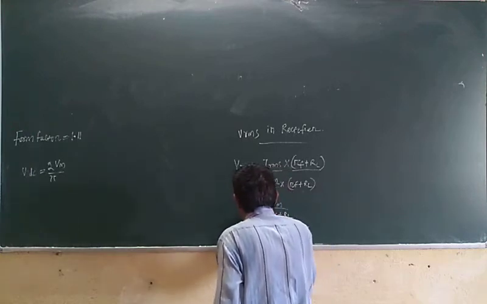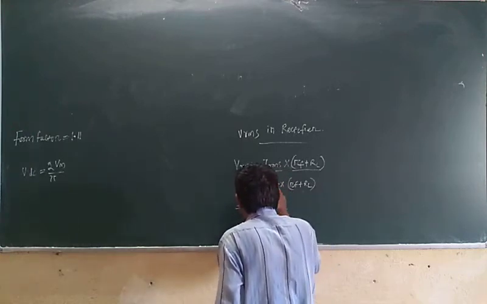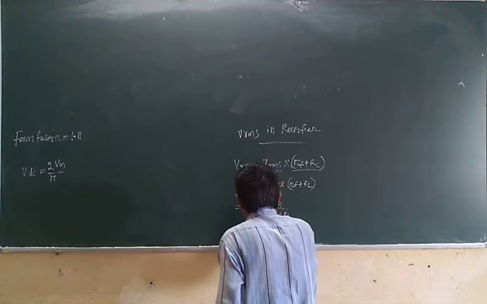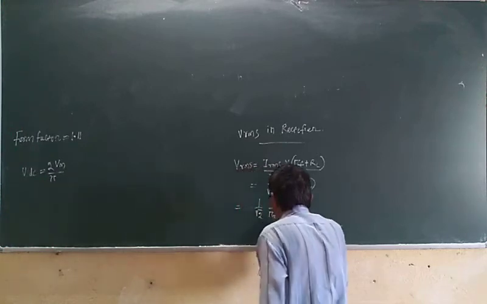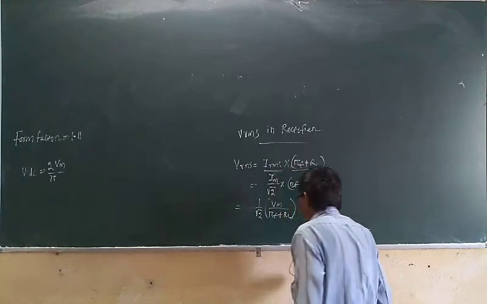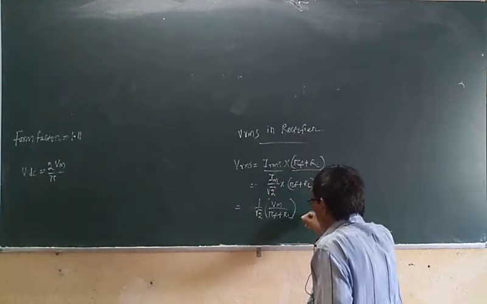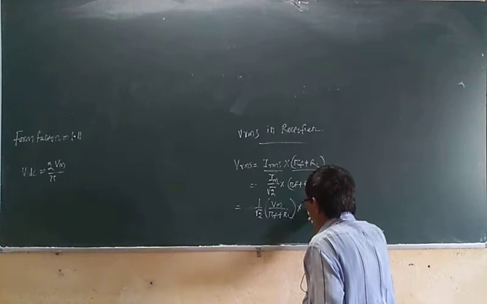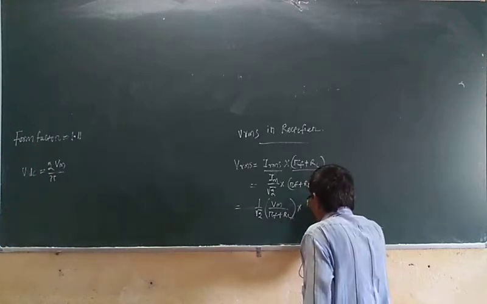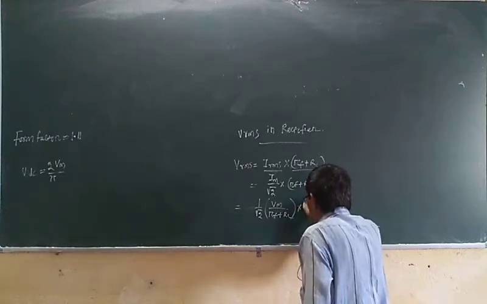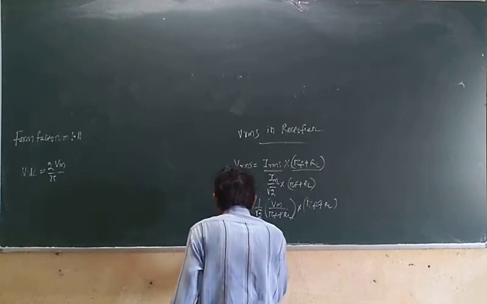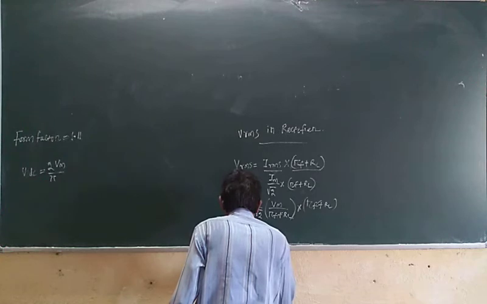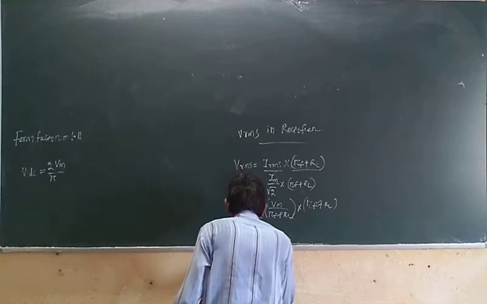Now Im by 2, means 1 by root 2, Vm into Vm by RF plus RL into RF plus RL. Now this cancels, then it will be Vm by root 2.